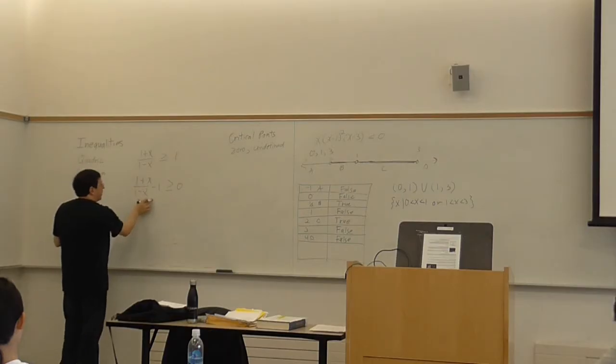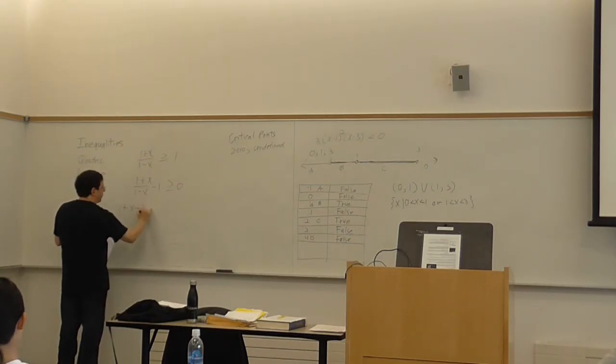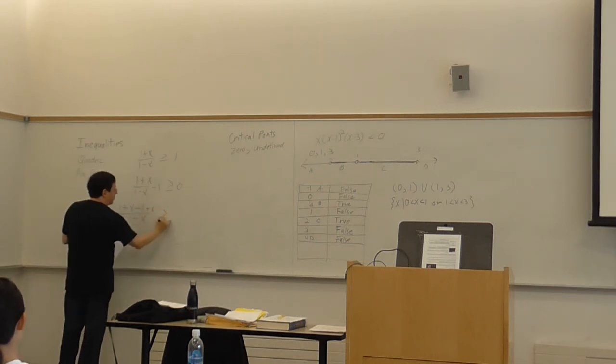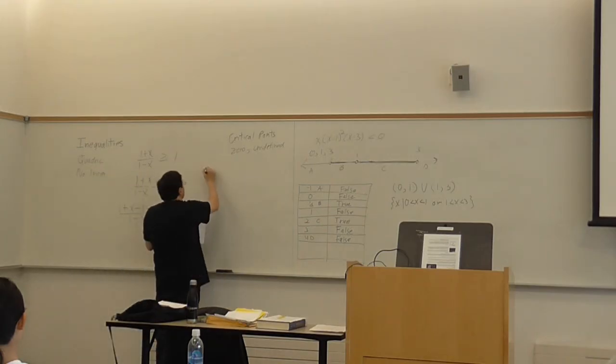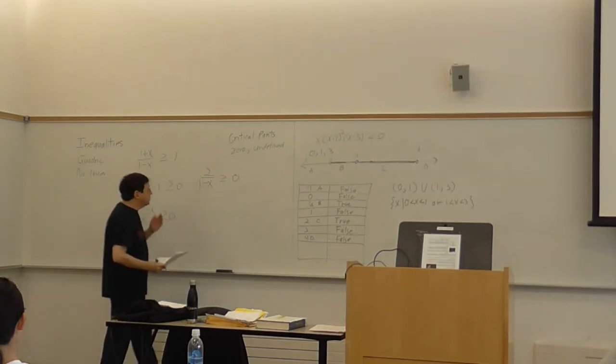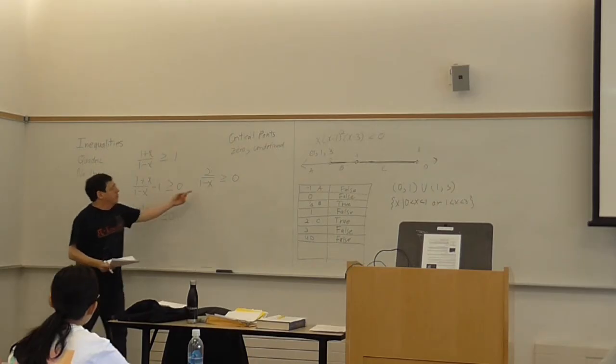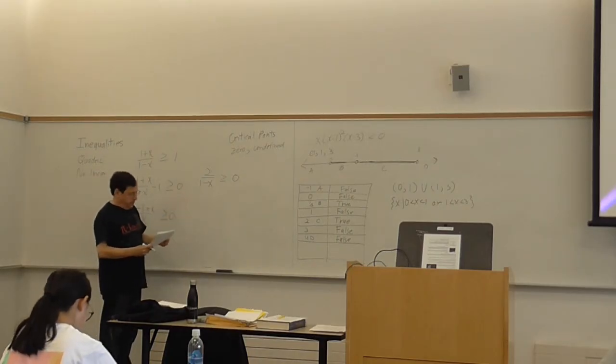I'm going to put this over a common denominator. 1 plus x minus 1 minus x, which is minus 1 plus x minus x, greater than or equal to 0. So I end up with 2 over 1 minus x, which is greater than or equal to 0. So here I only have one critical point, which is 1.